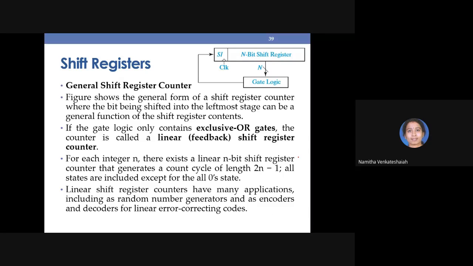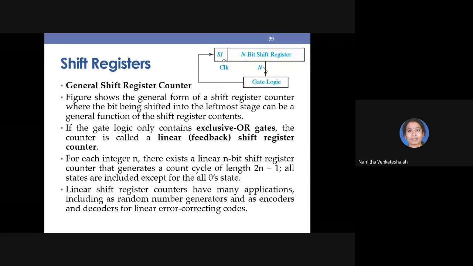The general representation of a shift register counter is something like this. Here you have an n bit shift register and you have a serial input. In the Johnson counter and ring counter, the feedback was given from the inverted or non-inverted output. But generally we will have some gate logic, whose input is the parallel output of this shift register, and its output is given as the serial input.